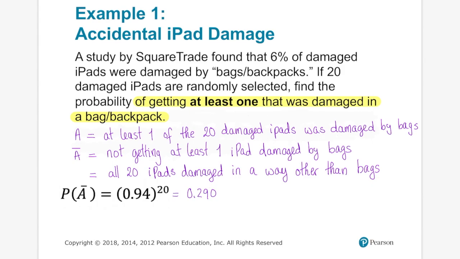So to find the probability of at least one, P of A is 1 minus P of A bar, 1 minus 0.290, which is 0.710.